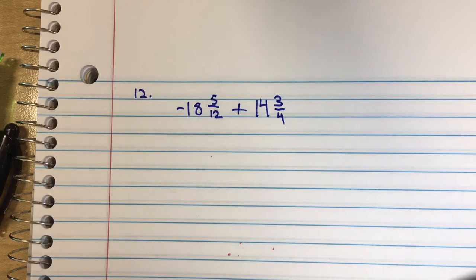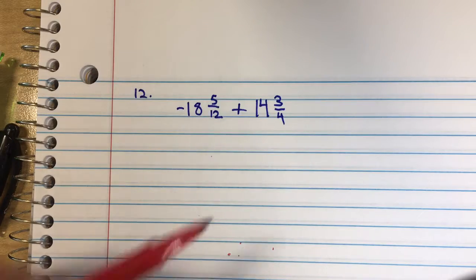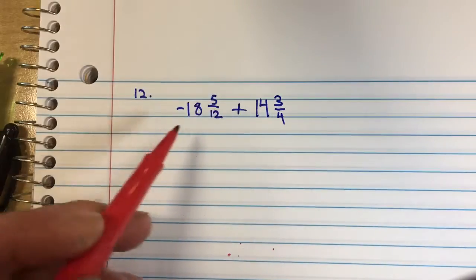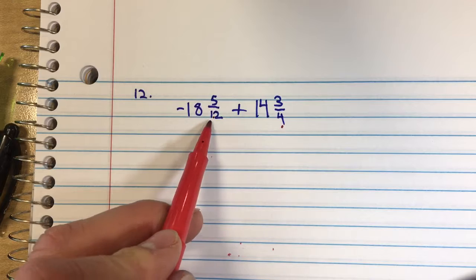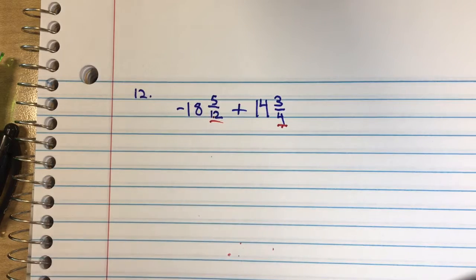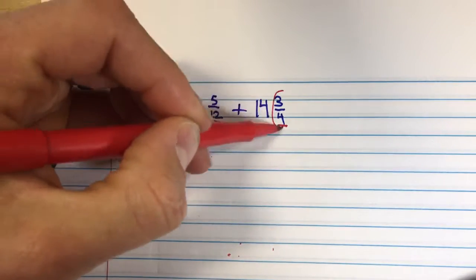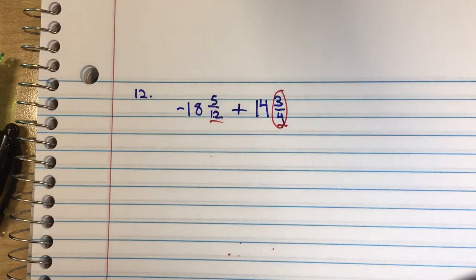Now I've got the same strategies that I could use as last time. If I wanted to, I could actually convert these to a common denominator before I flip them to improper fractions. It's going to be a bit of multiplying either way, but hey, let's go ahead and do that. So 12 and 4, my lowest common denominator here is actually the number 12. 12 is a multiple of 4. 4 multiplies to be 12. Well, what does it multiply by?